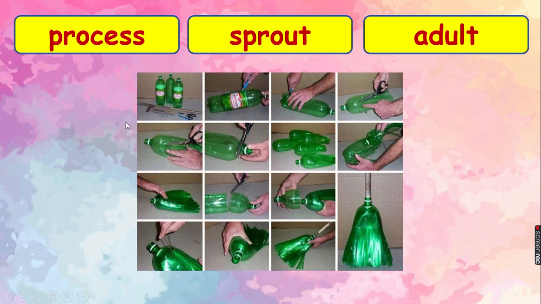You cannot make it into another kind of bottle again. So that's the difference between cycle and process. A cycle is a process that goes again and again. A process is something that goes through steps like this. Process can be a cycle. Process can also be not a cycle. Let's say the word process.